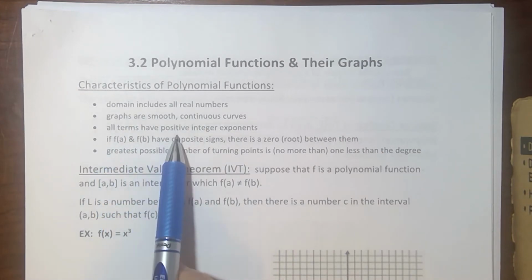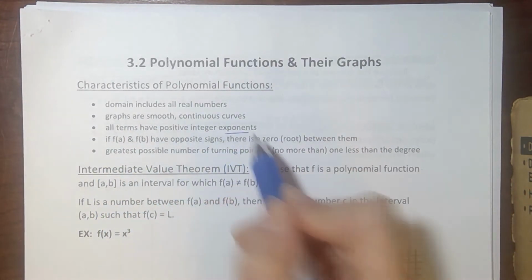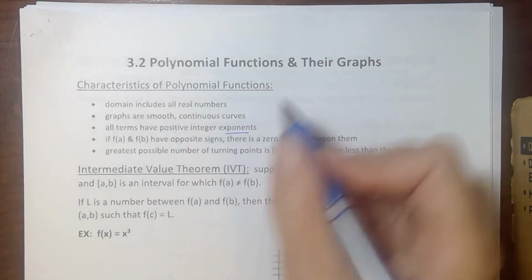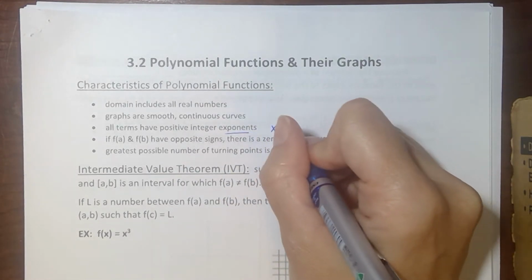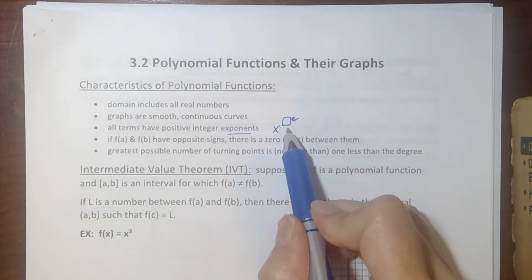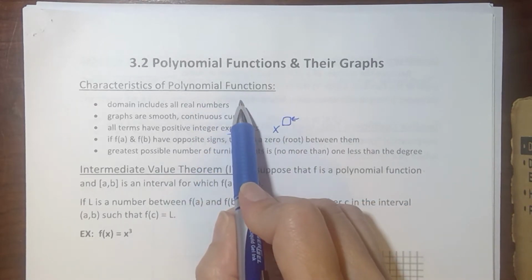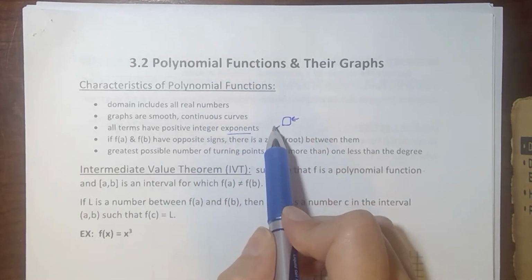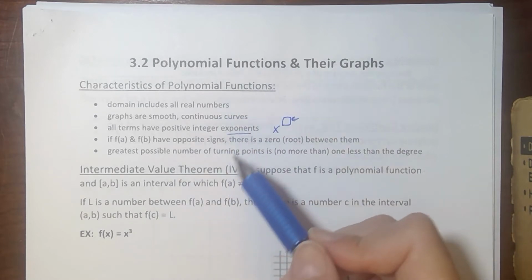All terms have positive integer exponents. That means our exponents, so for example, x to the whatever this is, it's not going to be negative. And it's not going to be a fraction if I have a polynomial function. Those can still be functions, but they are not polynomial functions.